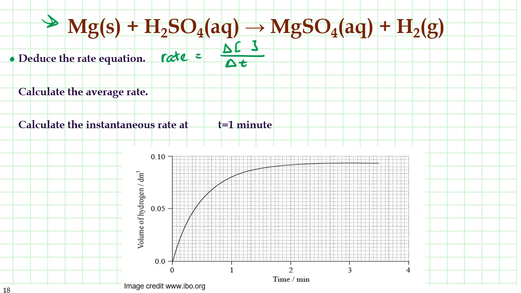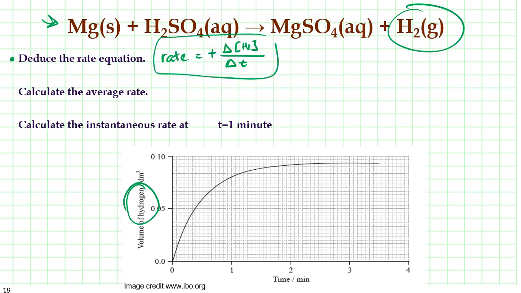Rate equation, just looking at our graph that's given to us, we probably want to put the change in hydrogen gas over the change in time. And since this is one of our products, we're going to make it positive. So this would be our rate equation. The average rate, so we're going to go from the very beginning to the very end of the reaction.